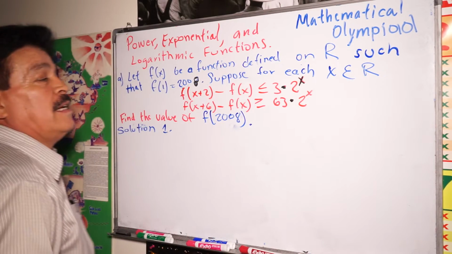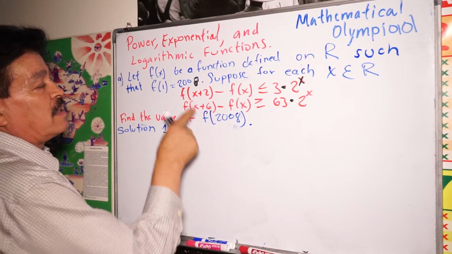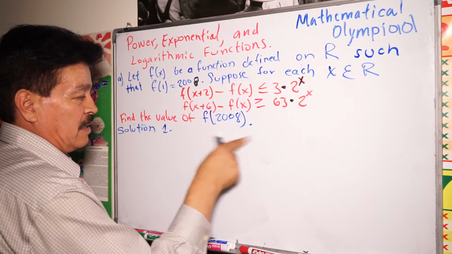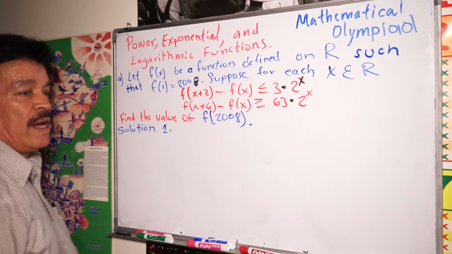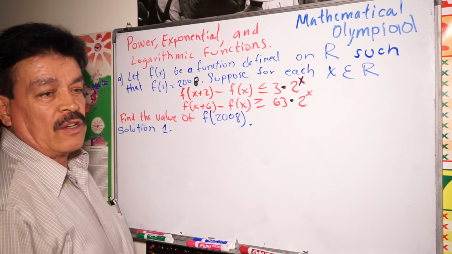All right, see the problem here. So find the value of f(2008). We have to find the value of this. All right, so the solution one follows from the condition.